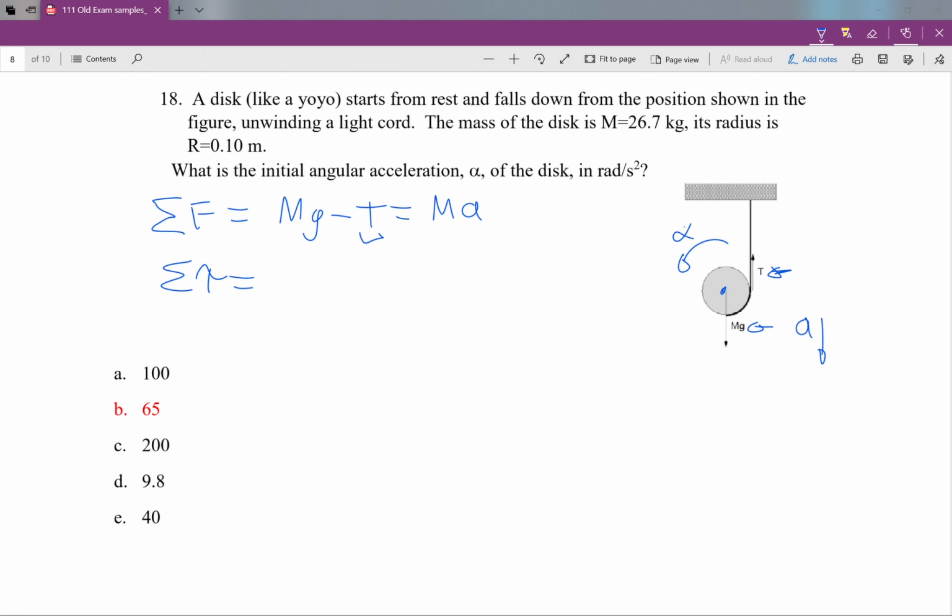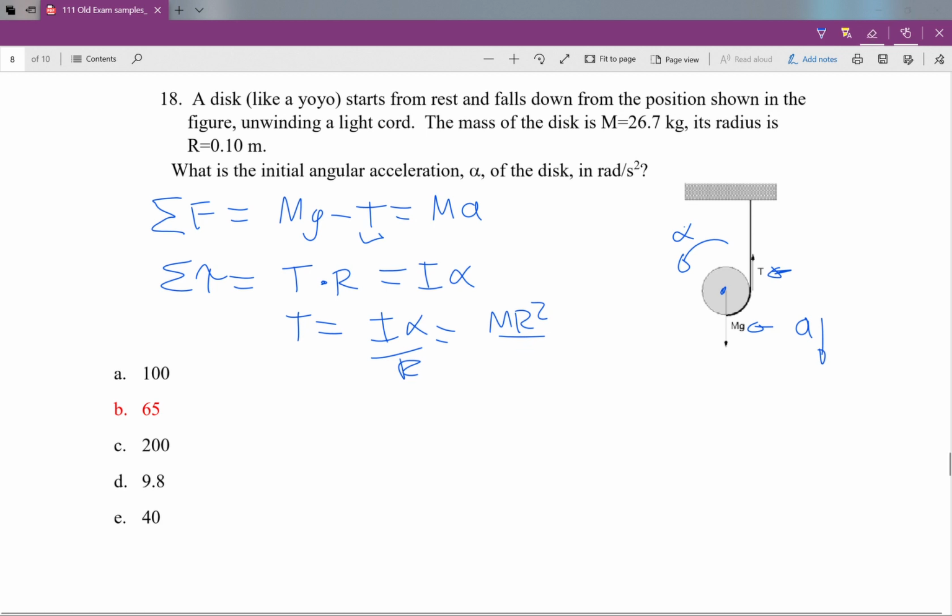So that's going to be the torque, tension times the radius of this disk, which will be equal to the moment of inertia times angular acceleration, I alpha. So tension is equal to I alpha divided by r. And we know that because this is a disk, the moment of inertia is mr squared divided by 2.